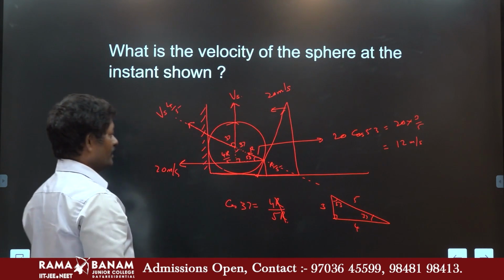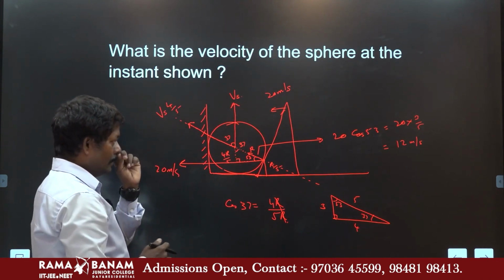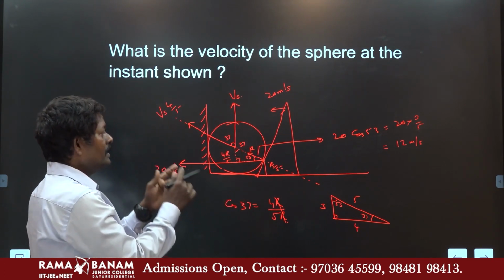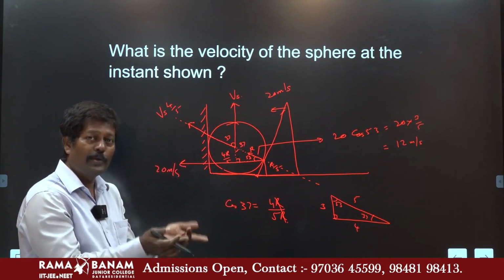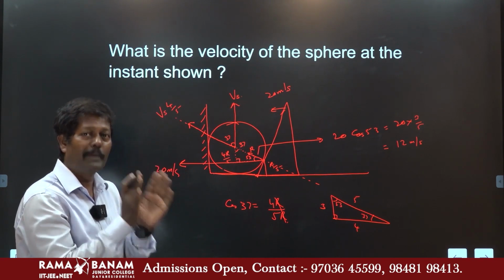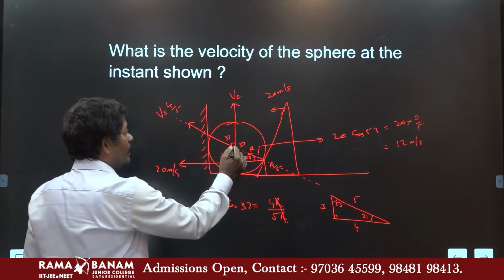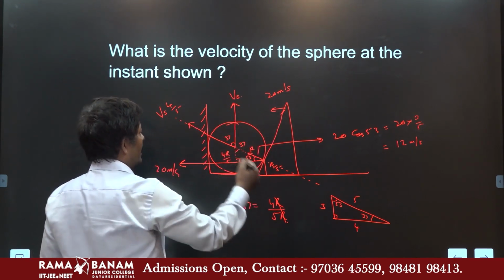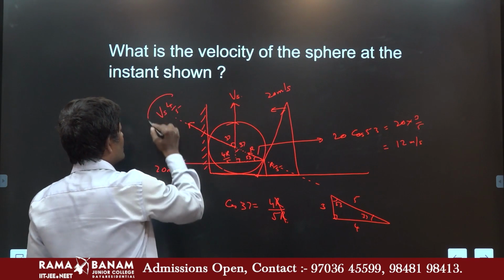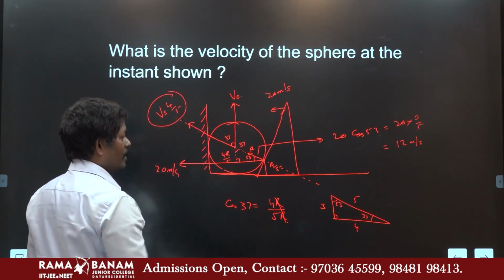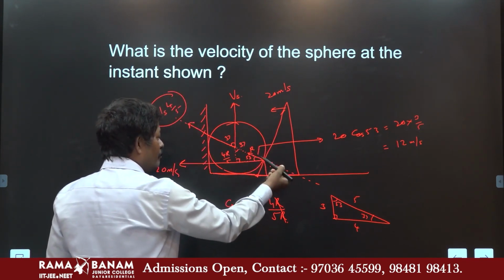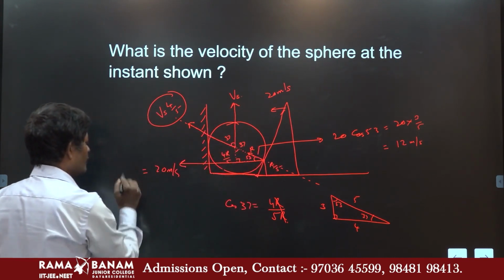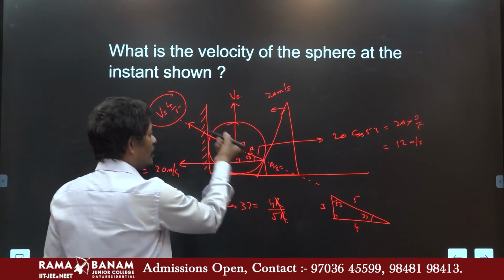Now listen carefully. What we have done, already I told you in the beginning, the velocity component perpendicular to the surface should match. What is the component of velocity of the sphere perpendicular to the surface of contact? Vs into 4 by 5. What is the velocity of the wedge perpendicular to the surface? Vw, this is Vw, Vw cos 53.